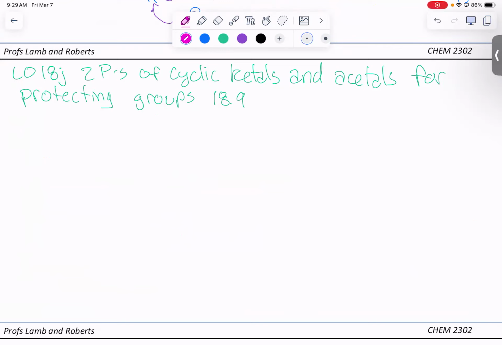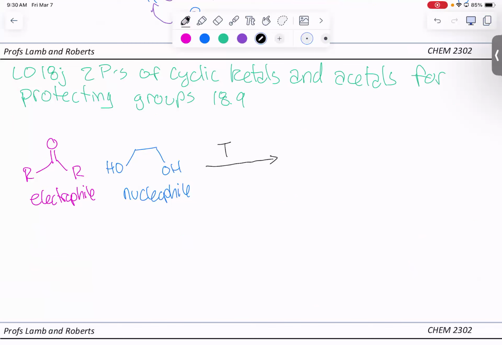So overall, what we're going to do in this reaction is take some sort of aldehyde or ketone. This is going to be our electrophile. We're going to take a diol, and this is going to be our nucleophile. We want to make sure that this is going to go fully to completion.